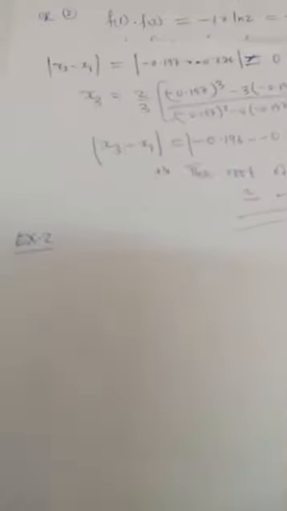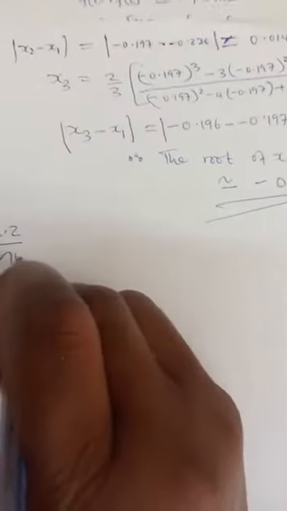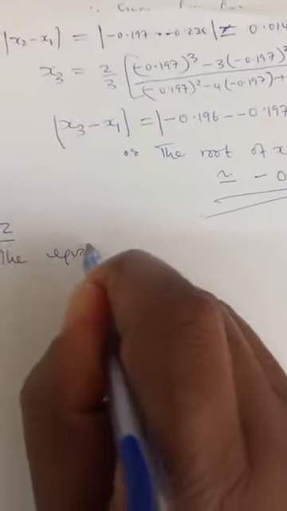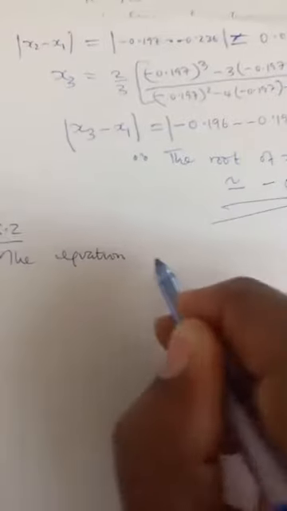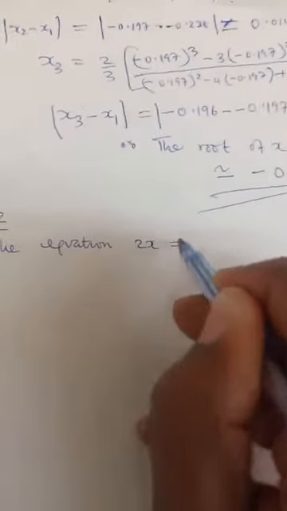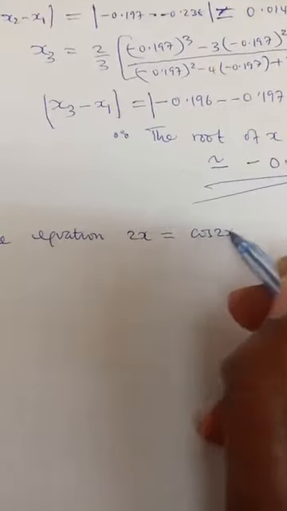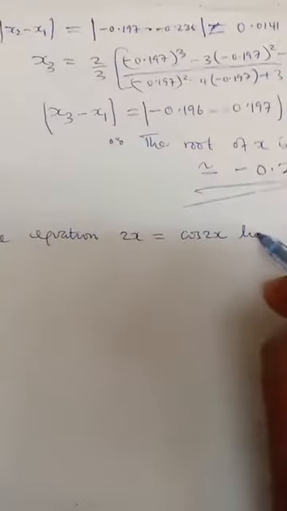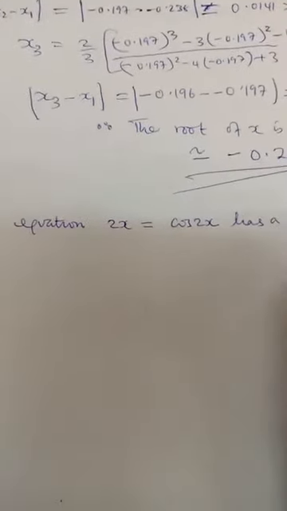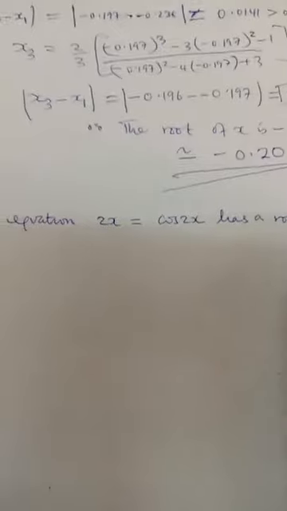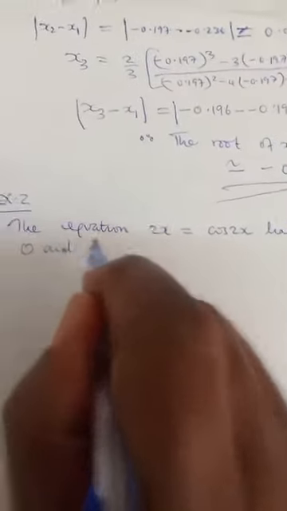Let us try out our last example for today's lesson. You're given that the equation 2x is equal to the cosine of 2x has a root between 0 and 1.